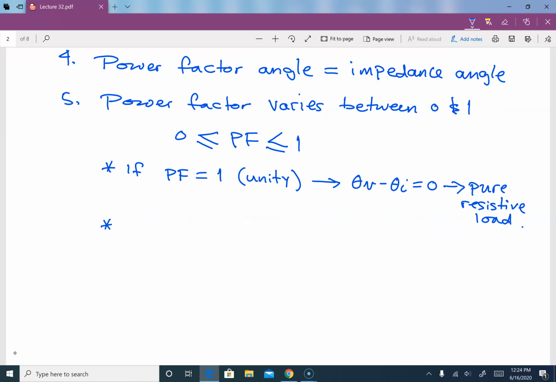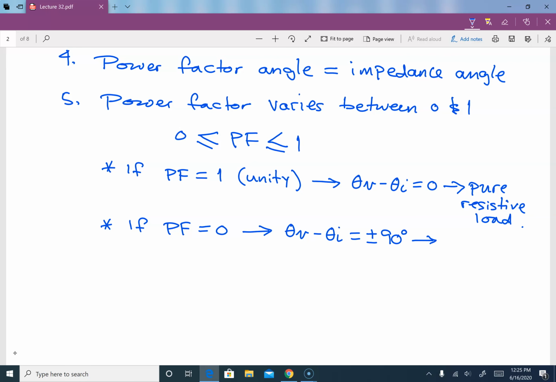The second case, that if the power factor is equal to 0, that means we will have theta V minus theta I is equal to plus or minus 90 degrees.